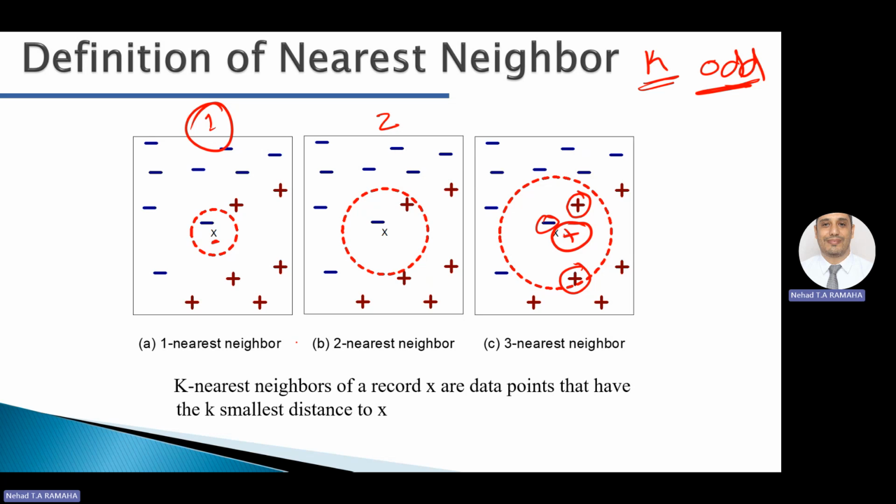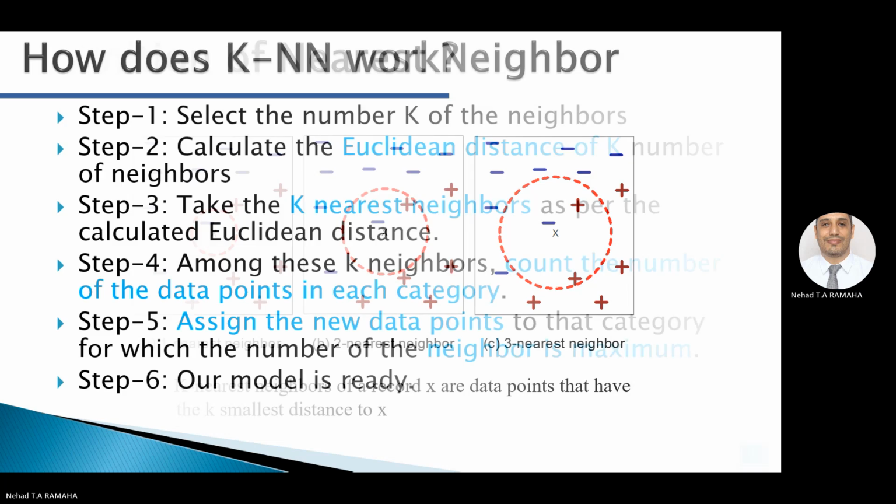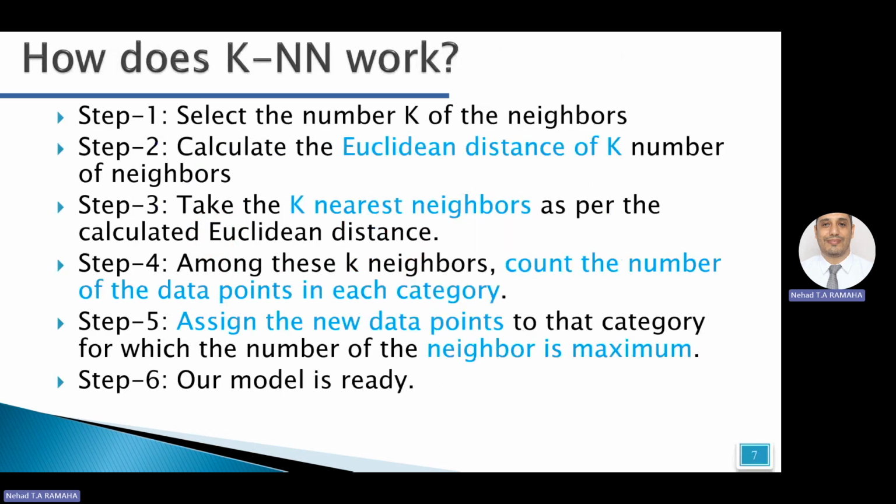So the number of nearest neighbors will affect the classification. We could take the whole data, but this makes the algorithm inefficient because it needs more comparison and more calculation. That's why we should know how many K. We will mention how to select the number of K.